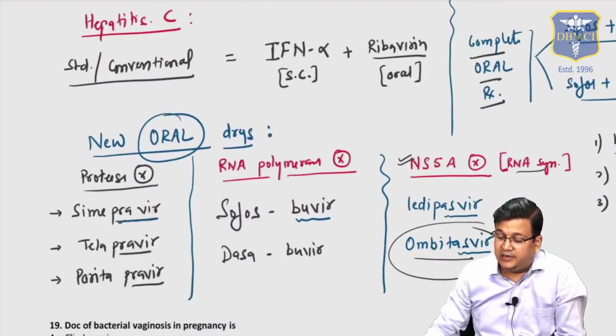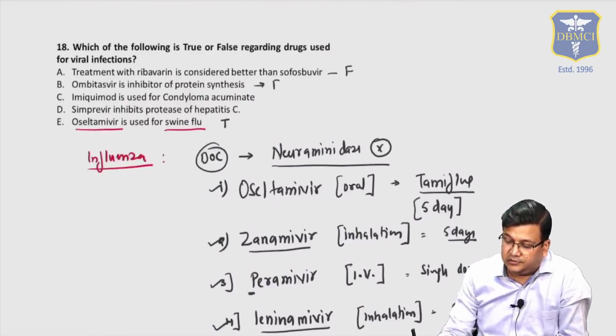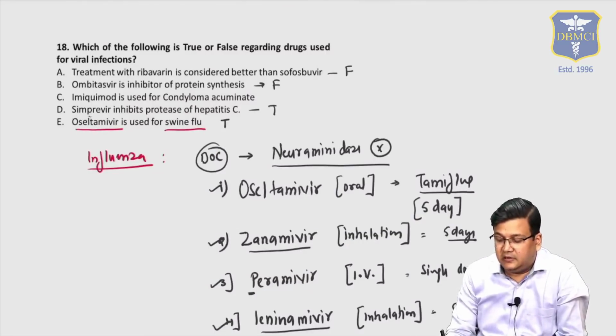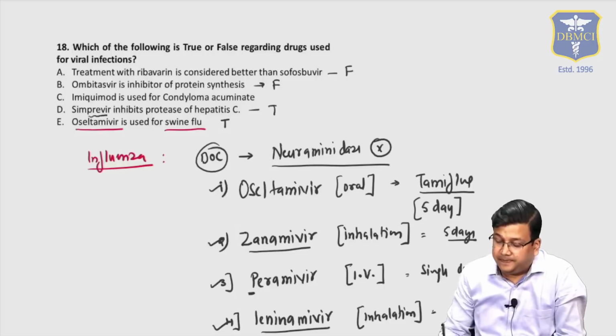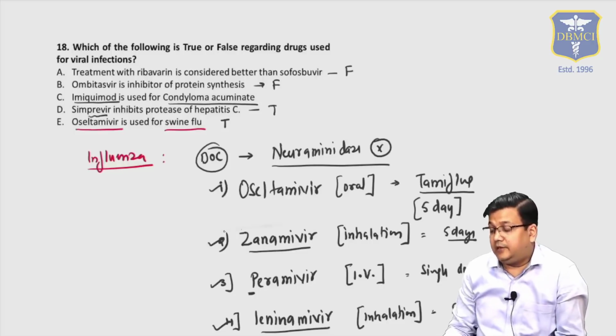NS5A is involved in RNA synthesis, not in protein synthesis, so this option is also false. Simeprevir inhibits protease. This is true. Pravirs are protease inhibitors. We are left with imiquimod and condyloma acuminata.